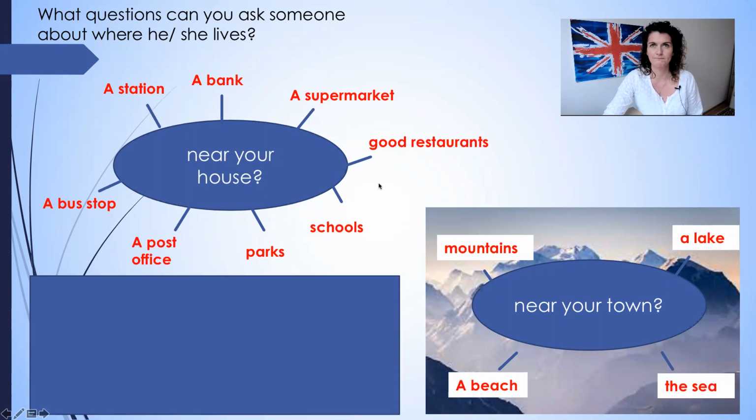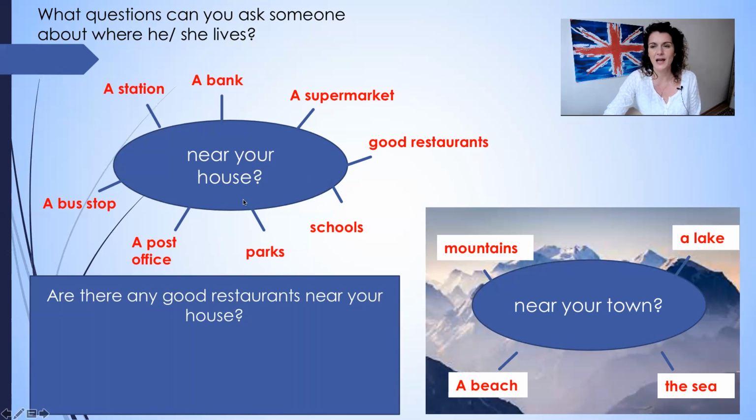For example, are there any good restaurants near your house? So here I've got my plural verb to be. I've got any because it's a plural and it's a question. I've got my plural noun restaurants. Are there any good restaurants near your house?